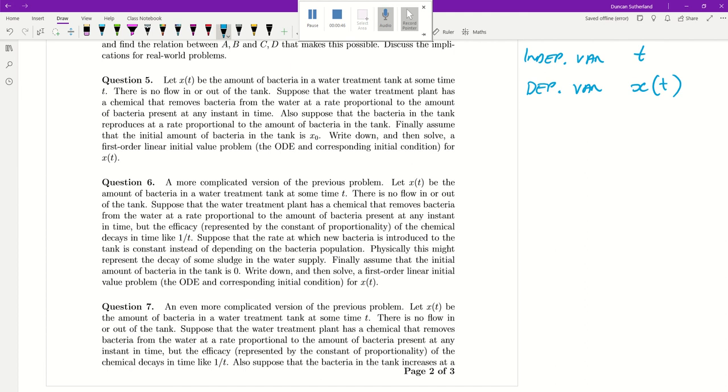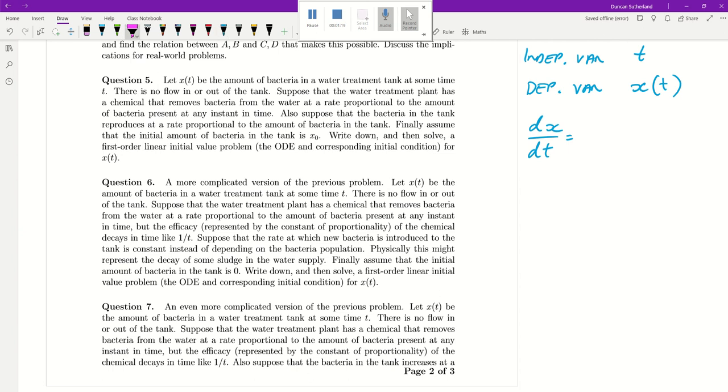Because we're going to make an ODE, we should be looking for an ODE of the form dx dt equals something, right? And when we read the rest of the question, we'll find out the contributions to that rate of change of bacteria in the tank. So we can start by writing down dx dt equals something, and we can look at the contributions to that rate.